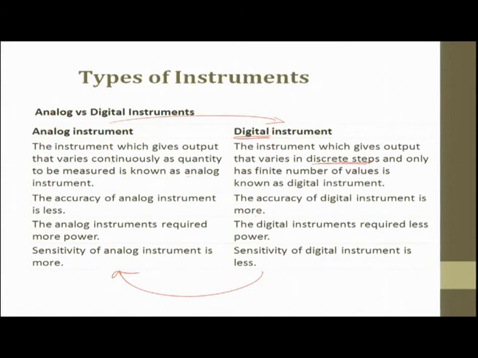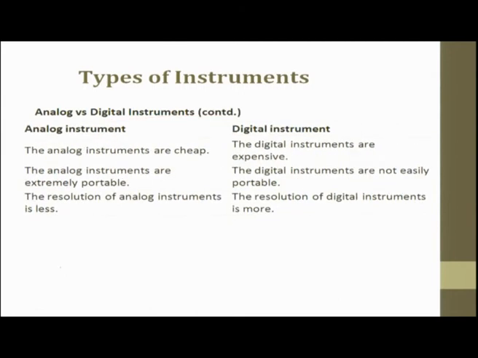The accuracy of the analog instrument is high. The analog instrument requires more power because a lot of moving parts are there. Digital is less power. The sensitivity of the analogous is very high, the sensitivity of the digital is very less. That is why people are moving back to analog to see what they can do with the signals.